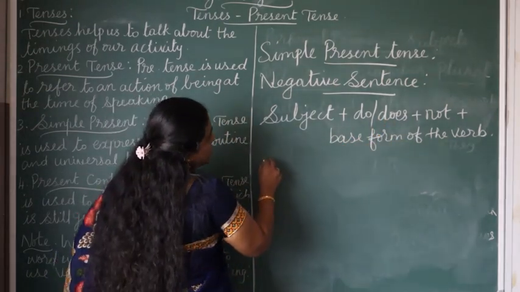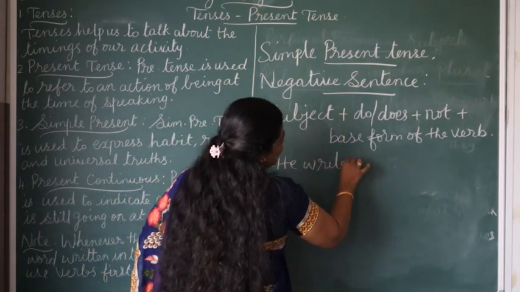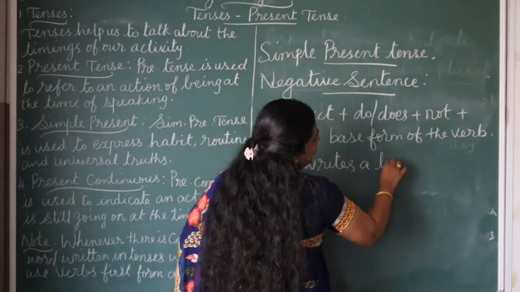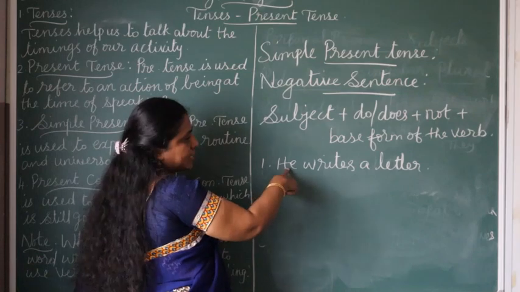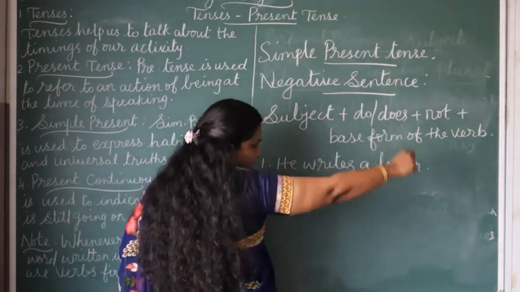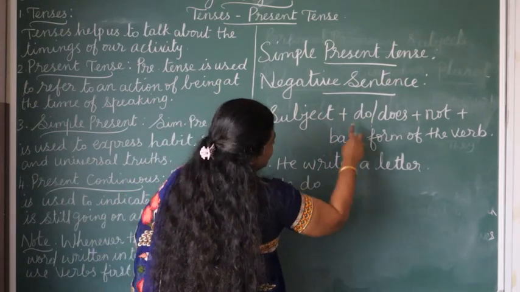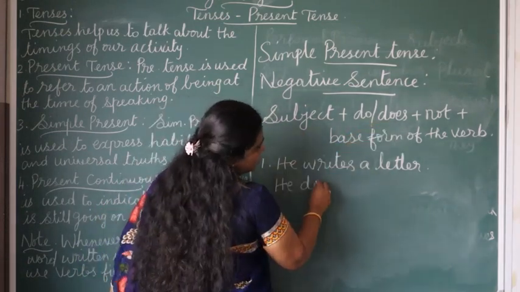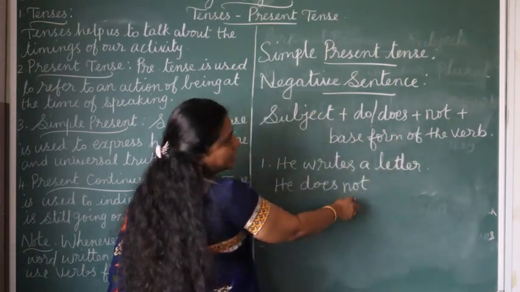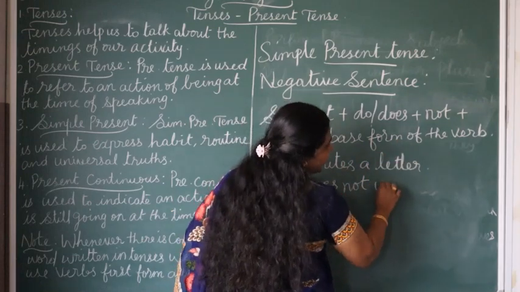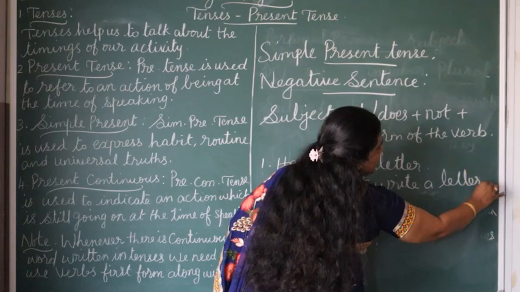So, the examples are, first one, he writes a letter. Here the subject is third person singular, so we use singular verb does. So, he does not, that means doesn't, then base form write, then object a letter.